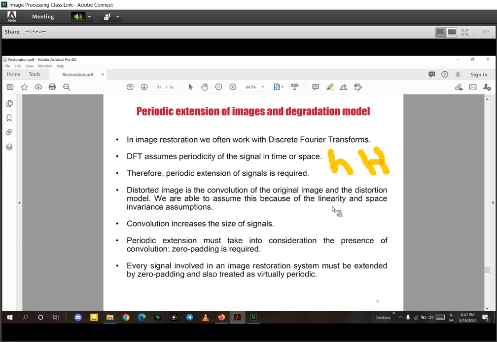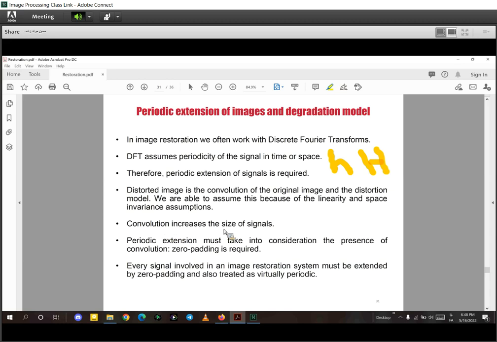We said if a system is LSI, then Y is H convolved by F or F convolved by H. The results are the same.